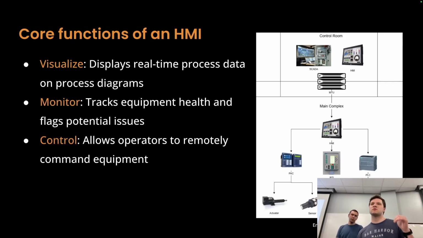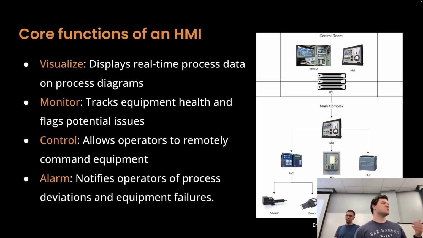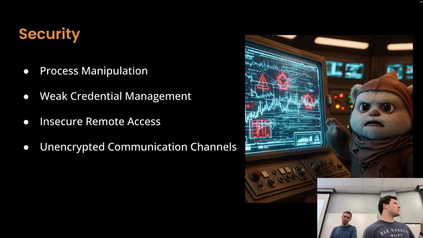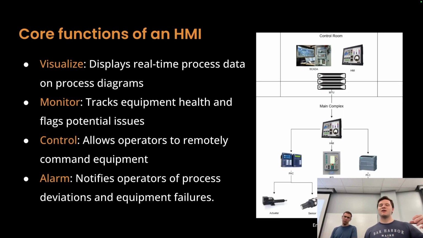It controls the actual physical process, so the operator can go up to the HMI, click on things and make changes to the physical process, as well as alarms to notify the operators when things have gone wrong. Going back to our EWOC example, they might have an HMI with all these circuit breakers on it, and the EWOC can go up to it and click on which circuit breakers he wants open or on.